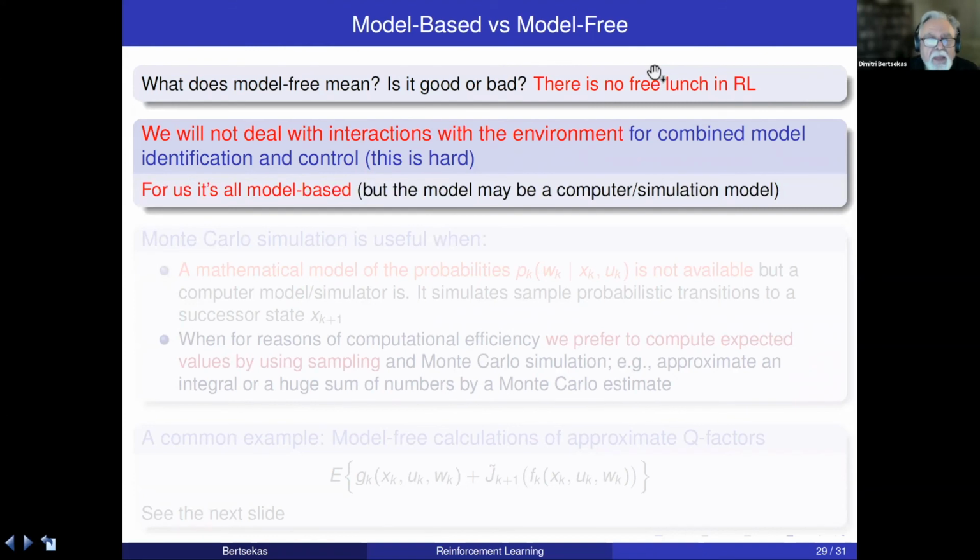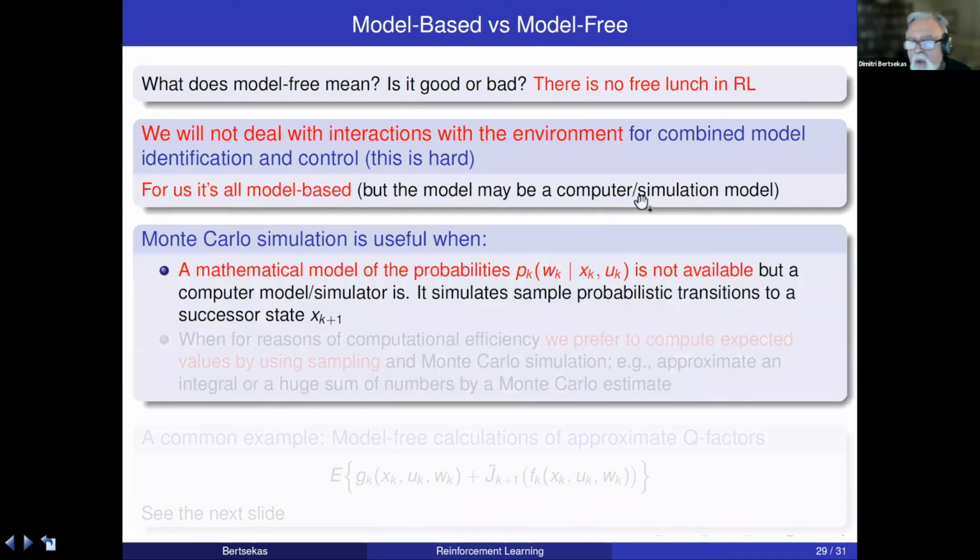Now, the important thing to keep in mind for this course is that all our methods are model-based. But the model may not be a mathematical model. It may be a computer model, and I'll give an example a little later. Of course, a computer model implements a mathematical model, but it's sometimes easier to construct than a mathematical model.